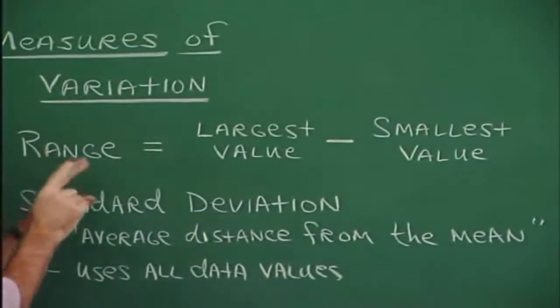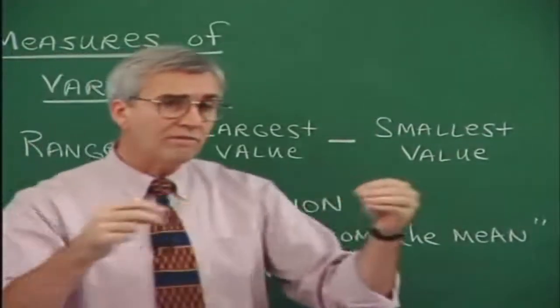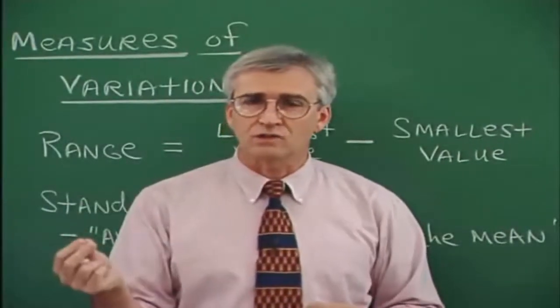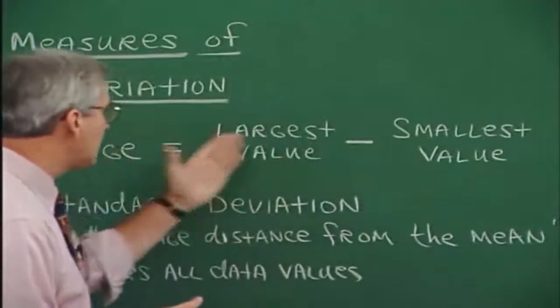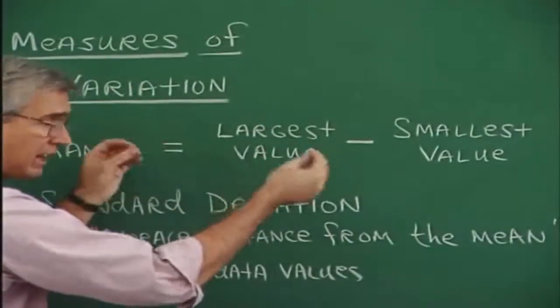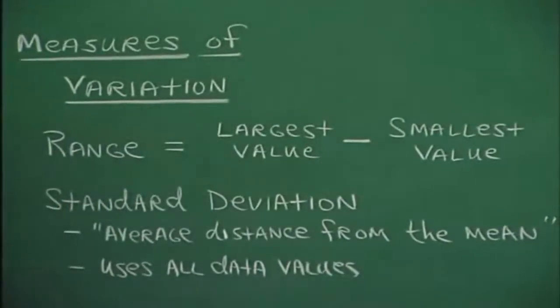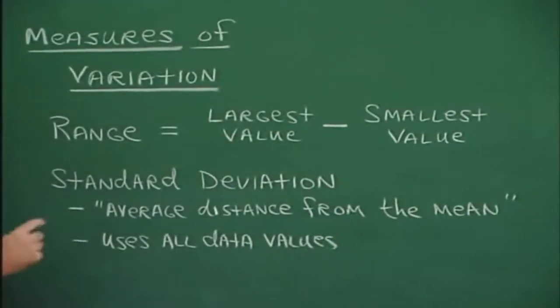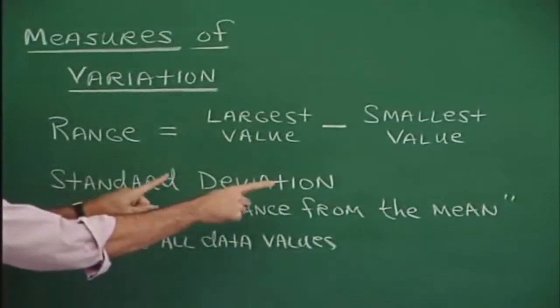Notice it doesn't take into consideration all of the values in the data set, only the largest one and the smallest one. But it's very easy to calculate, and it gives us an idea about the variation within our data set. Another, probably much more important, measure is called standard deviation.